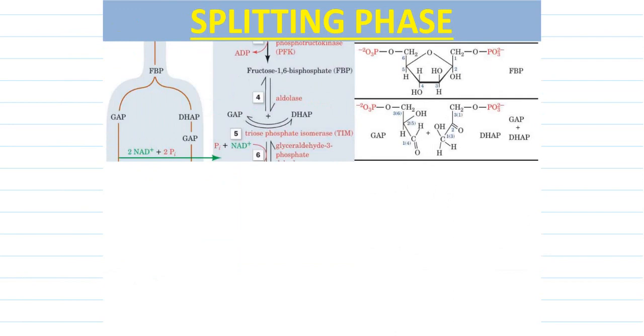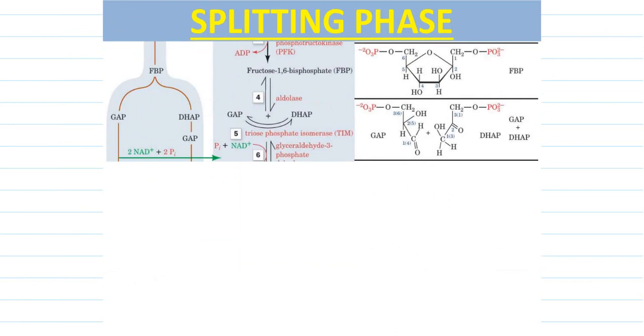Phosphate is present in both 3 carbon compounds after being split, on the third carbon in both. As you can see, the numbering was initially 1 2 3 4 5 6 in a clockwise direction. Now when this 6 carbon compound is cleaved, the numbering system also changes.